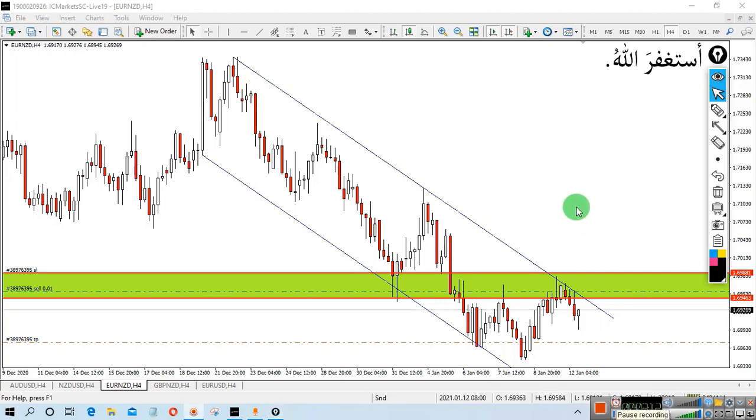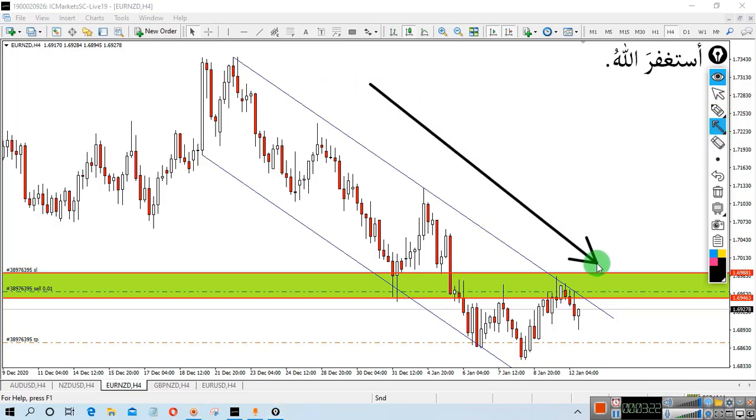The first thing is, you can see that market is going downside. The momentum is bearish, the momentum is downward, and sellers are in control. Sellers are controlling the market.